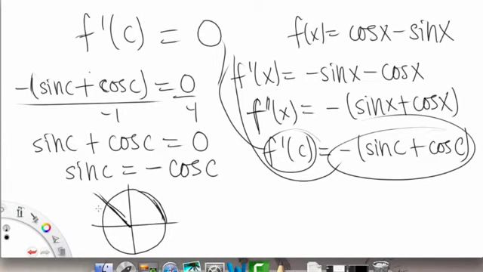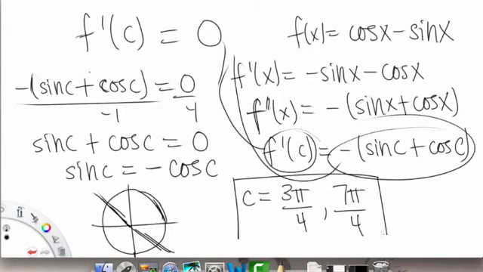So that is at 3 pi over 4. So we have c equals 3 pi over 4. Or when we're down here, because then our sine is negative but our cosine is positive, and we're at 7 pi over 4. So we actually found two values that could satisfy the mean value theorem on this interval, so let's write our conclusions on the next slide.